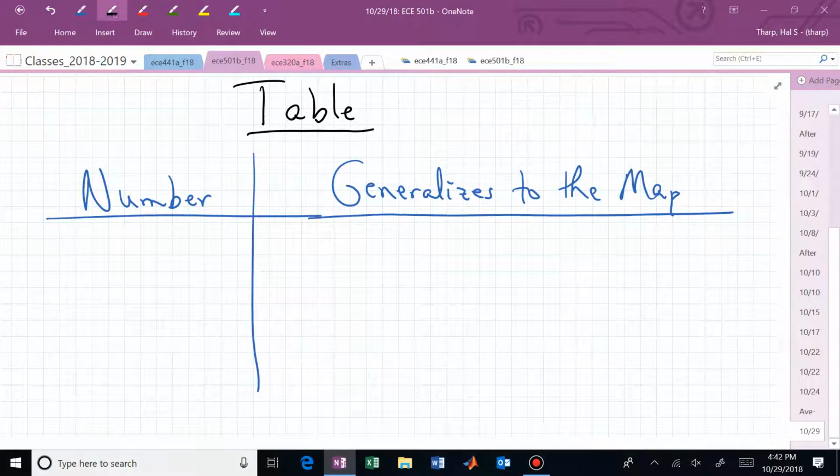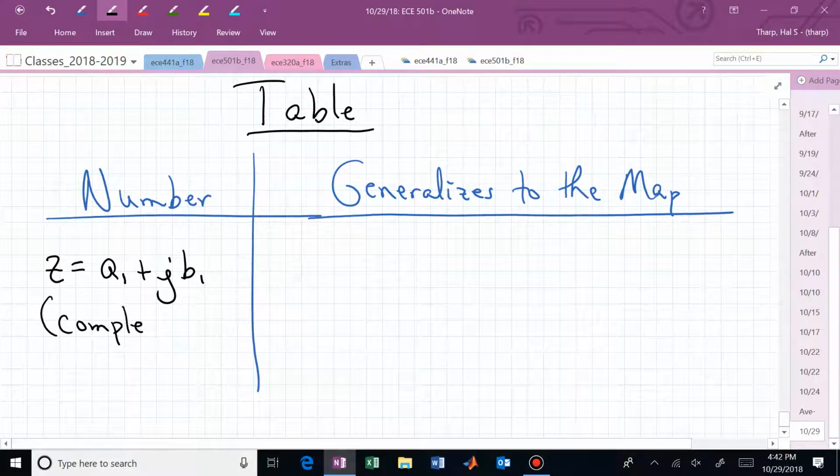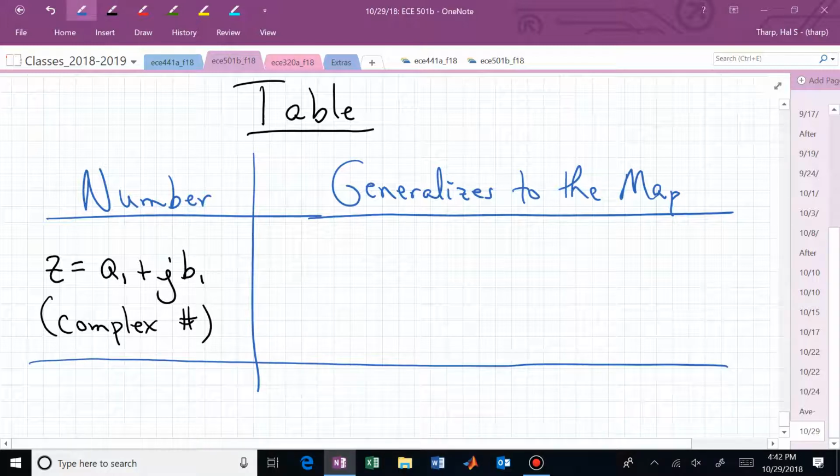Meaning, if I start with some complex number, let's say it's A1 plus J B1, what does that generalize to if we're talking about a map? What did we start this first one-by-one example assuming?